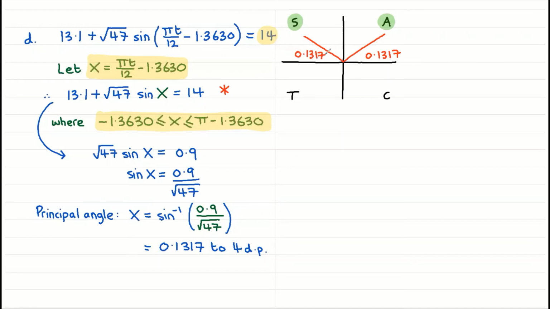Now then, let's just consider the range. So the X angle is going from negative 1.3630. So that's sort of somewhere down here. And then if we're going anti-clockwise in the positive direction, it will stop at pi subtract that, which is obviously 180 degrees, isn't it?